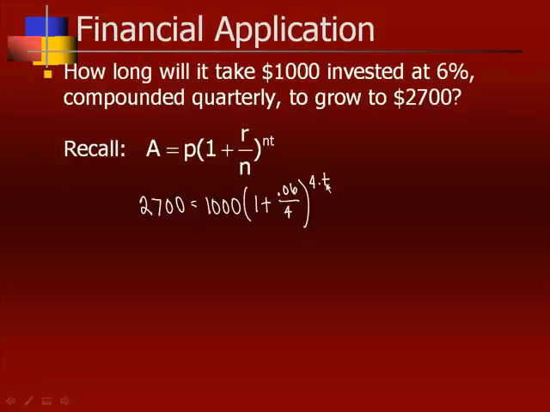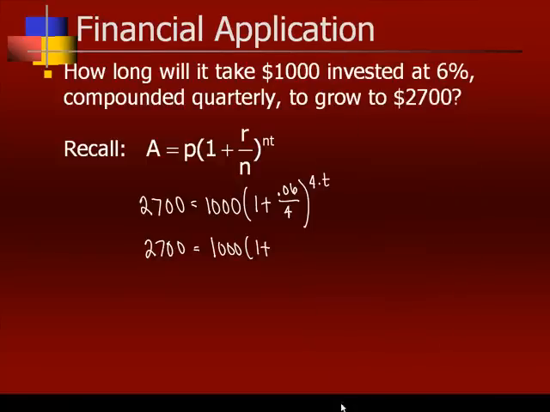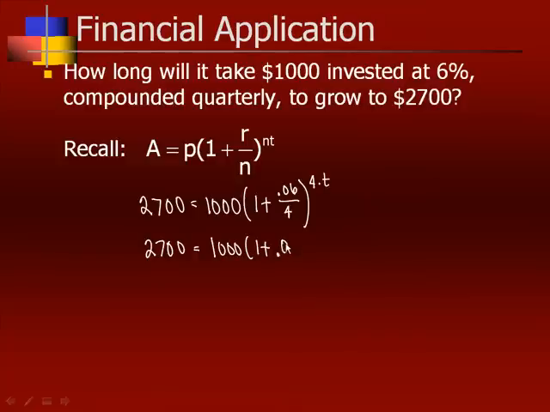And the question is, how many years will it take? Well, that would be 2,700 equals 1,000 times 1 plus 0.06 over 4, to the 4t. On this one, we're going to divide both sides by 1,000.